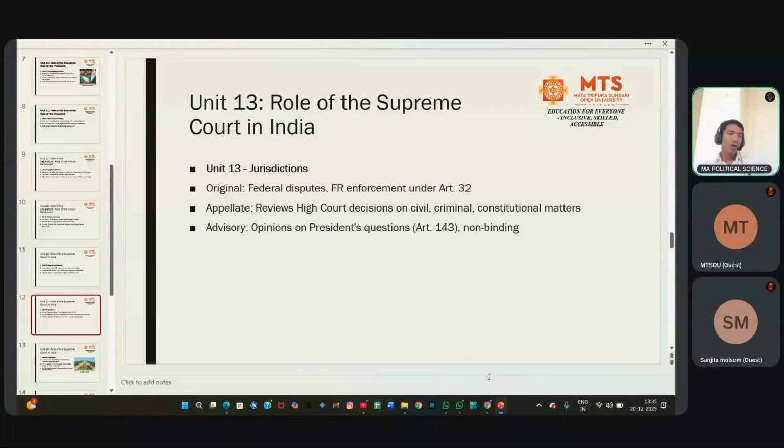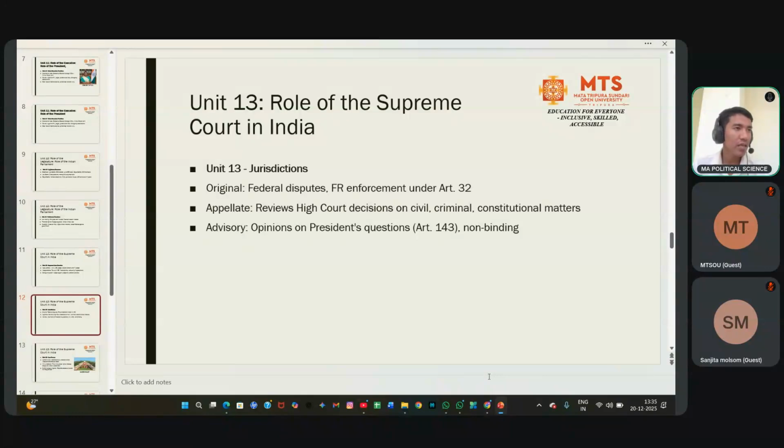Jurisdiction. What kind of problems can the Supreme Court solve? Federal dispute. When there is a problem between two states, sometimes it is there in the news also that two states are fighting for a border problem, for a water problem.